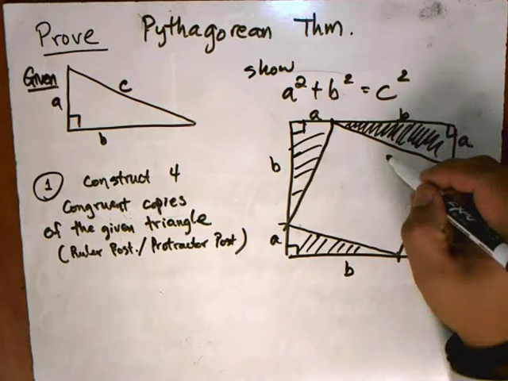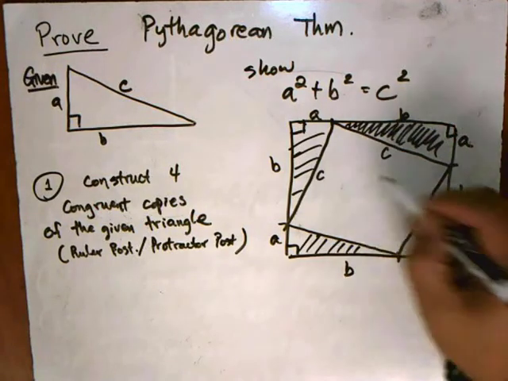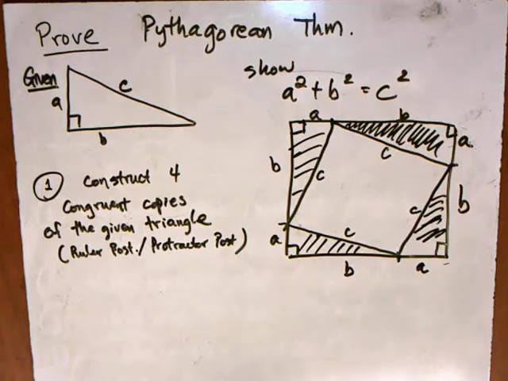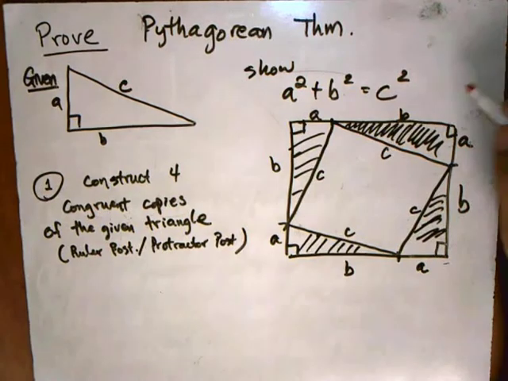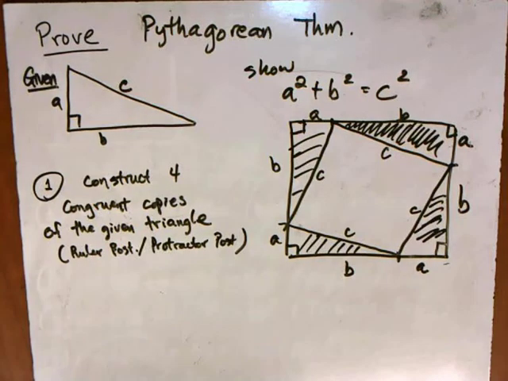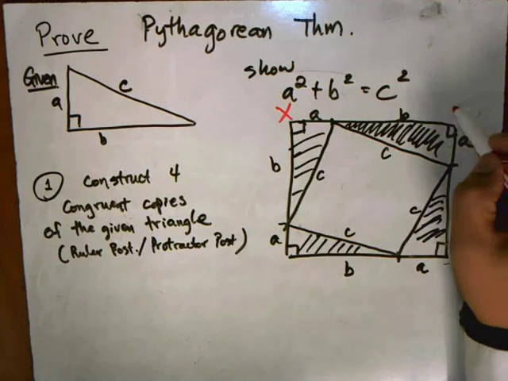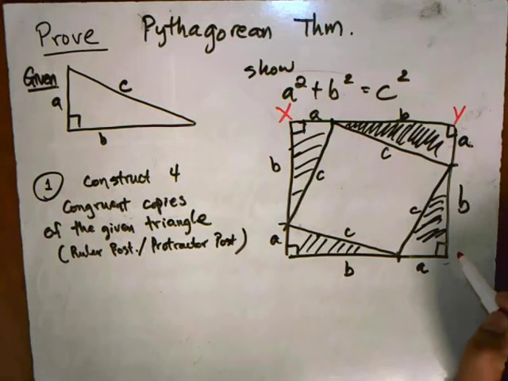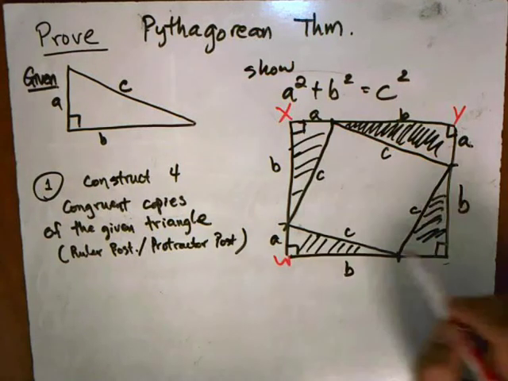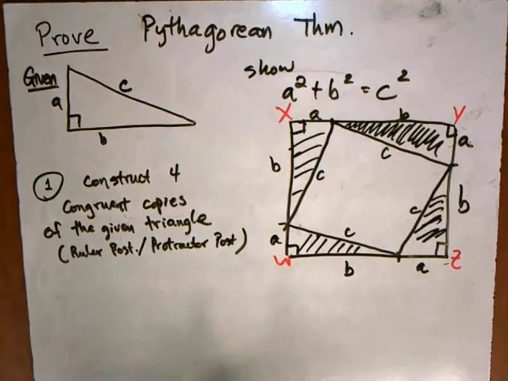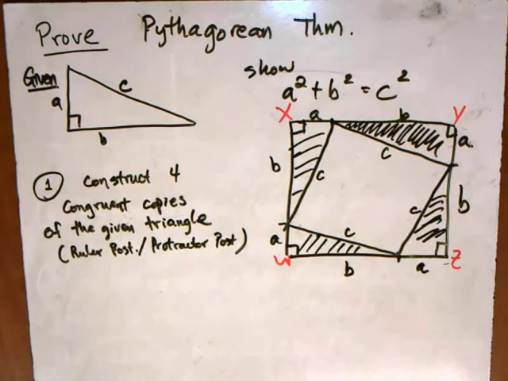And by the way, all of these lengths on the inside here are going to be C. I'm going to name these corners W, X, Y, and Z, so I have a square called WXYZ.